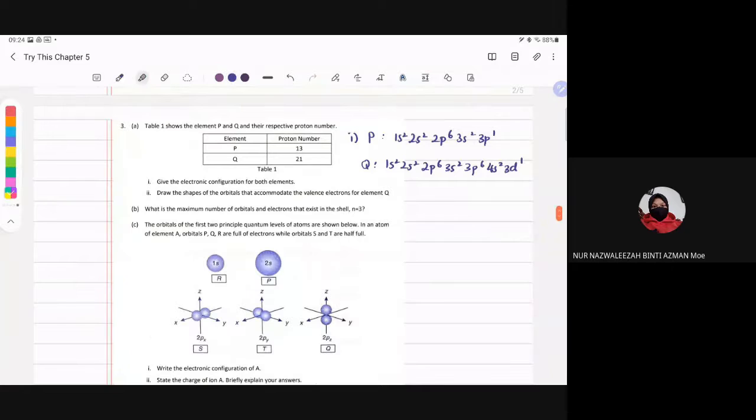Okay. So valence electron untuk element Q. Okay, kalau kamu tengok ada 3d yang ada isi, dia mesti 4s dengan 3d. So dekat sini saya letak dulu lah.